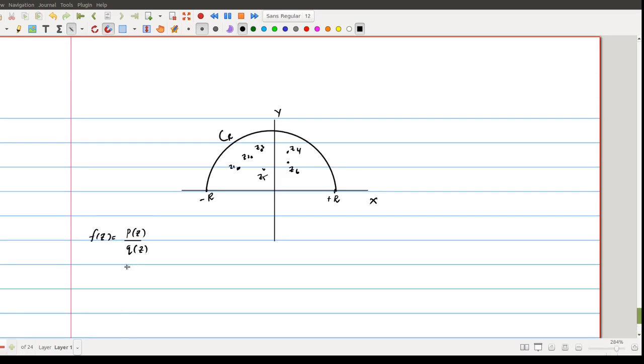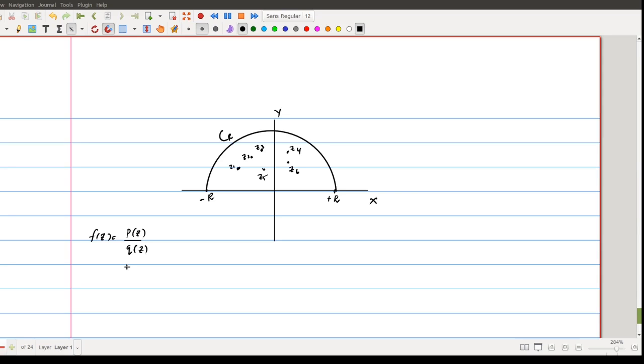Next we describe a method to evaluate improper integrals of rational functions. Rational functions means f of x equals p of x by q of x, where both are real polynomials. We treat these as polynomials of complex numbers and use the Cauchy residue theorem to evaluate the improper integrals.